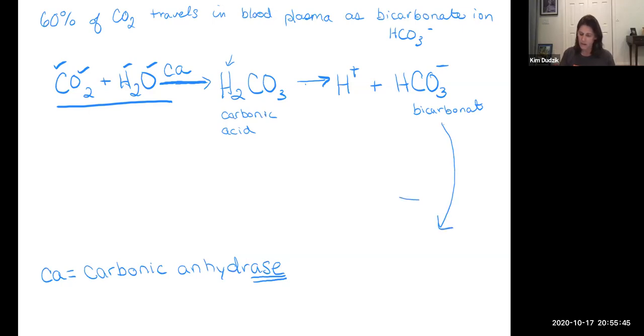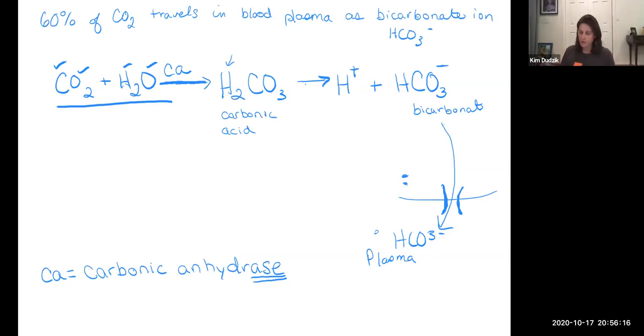Now the bicarbonate is going to come out. So if this is the end of my red blood cell, and I've got a nice little transporter here, bicarbonate is going to shift out into the plasma, right? But if all of these negative ions came out into the plasma, that would change the polarity from the inside of the cell to the outside of the cell.